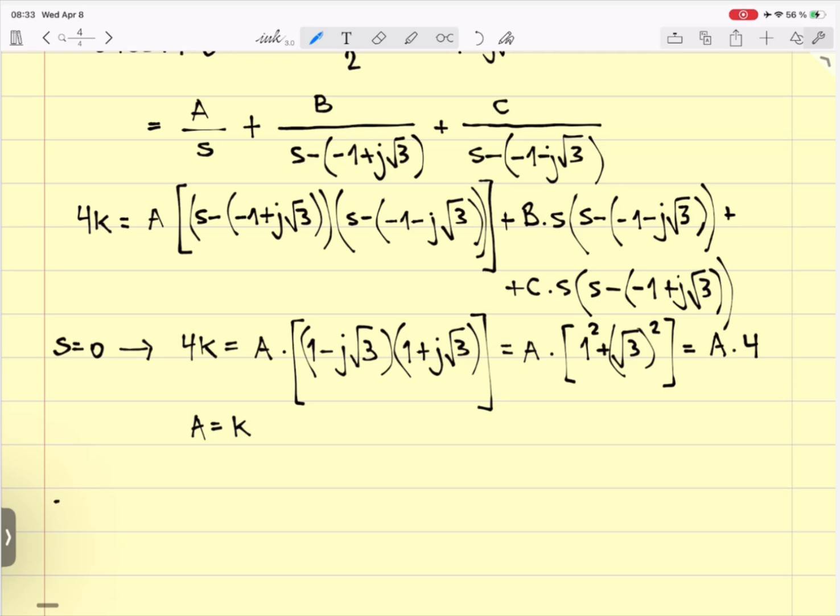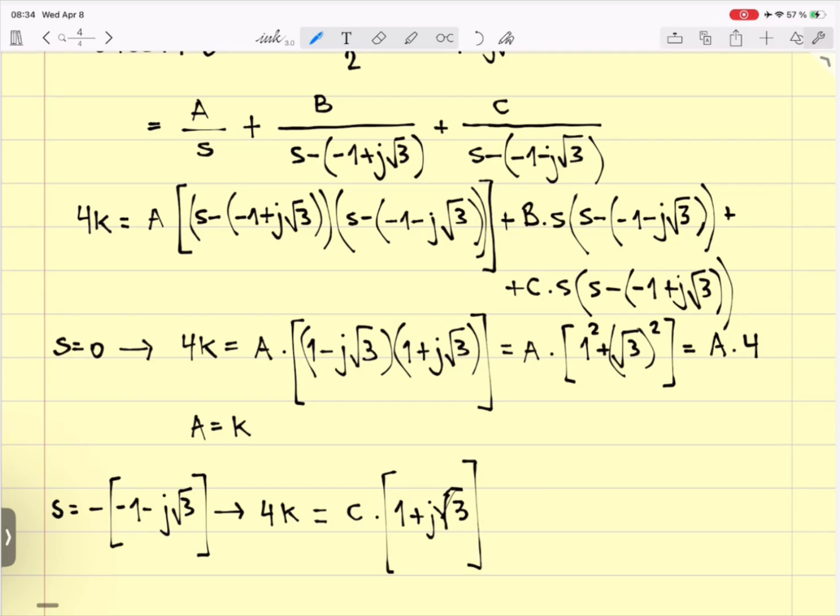If s becomes minus 1 minus j square root of 3, then we have that for k equals c times s, wait, let me put it here.